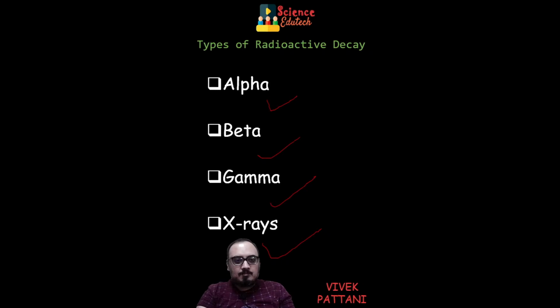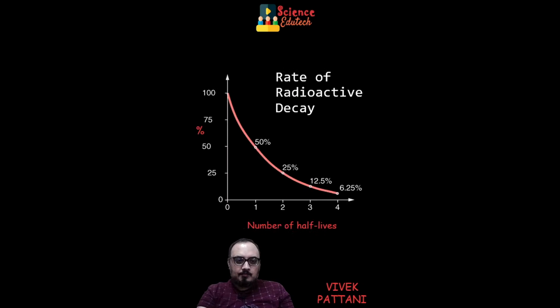These are some examples of the types of radioactive decay. What is alpha radiation? Alpha particles are basically non-penetrating, beta are somewhat penetrating, and gamma and X-rays are highly penetrating radiations.